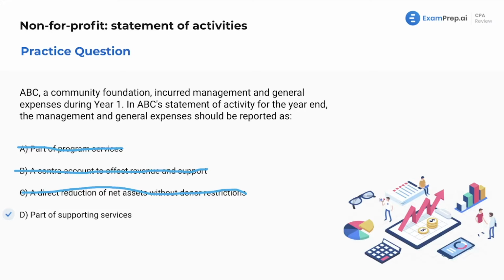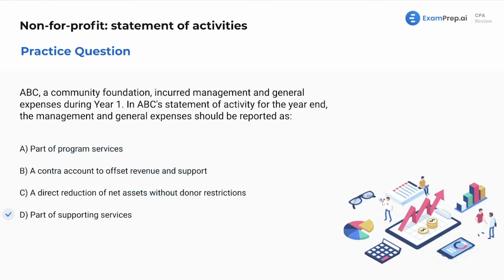I've never heard of anyone doing that. It'd be really cool. Maybe one of you will go out and start that organization. If you're rescuing people when their cars break down, then that would be your program services, but just paying your normal bills and fundraising, that's going to be supporting.